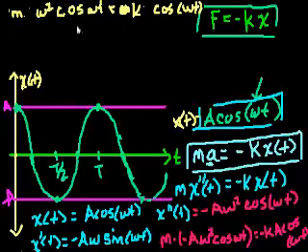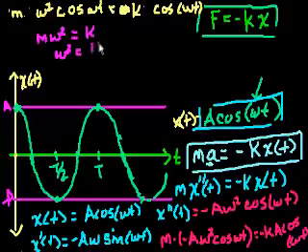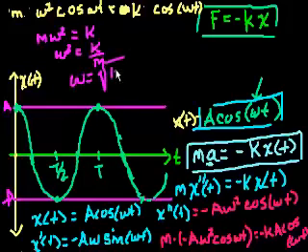This equation holds true if m omega squared, or omega squared, I always forget, is equal to k. Or another way of saying it, if omega squared is equal to k over m, or omega is equal to the square root of k over m.